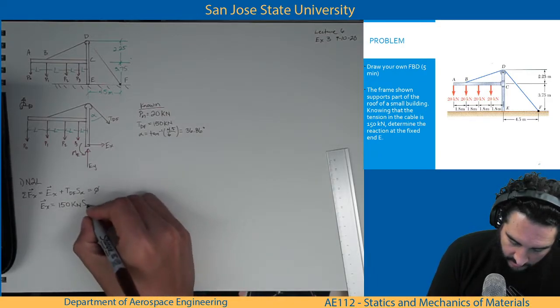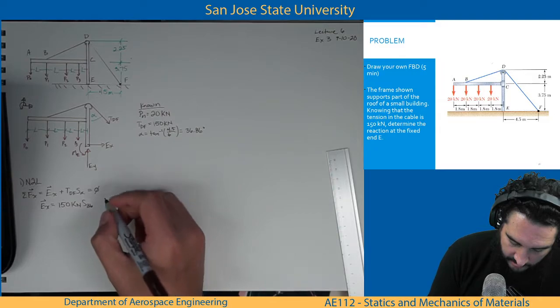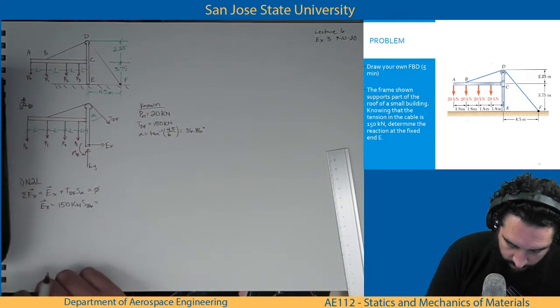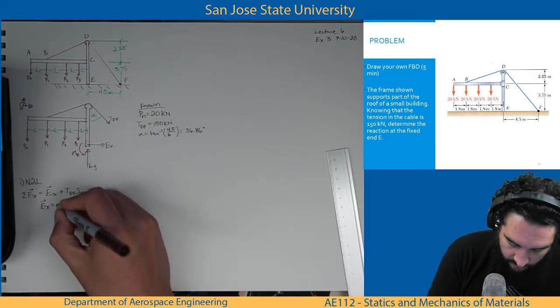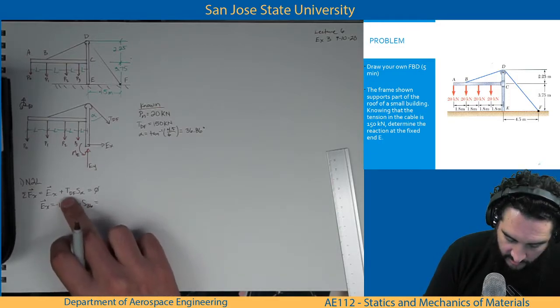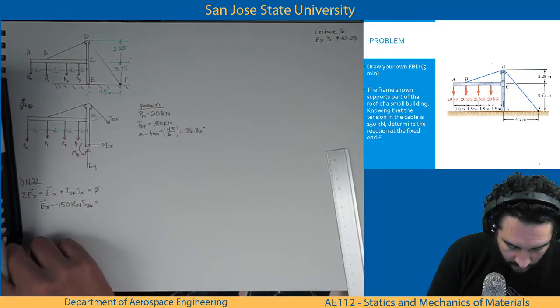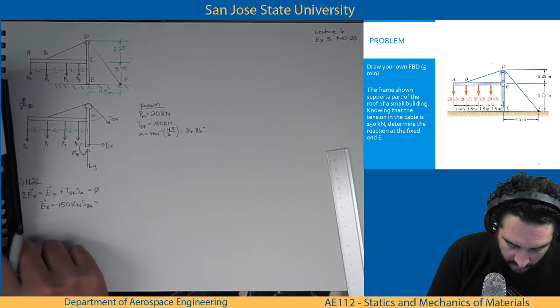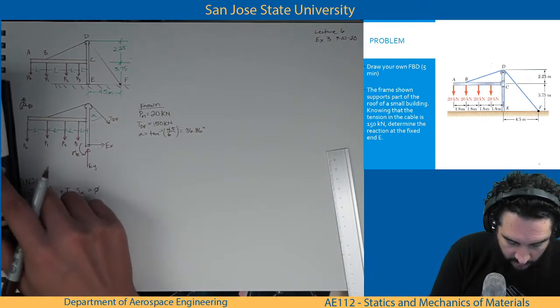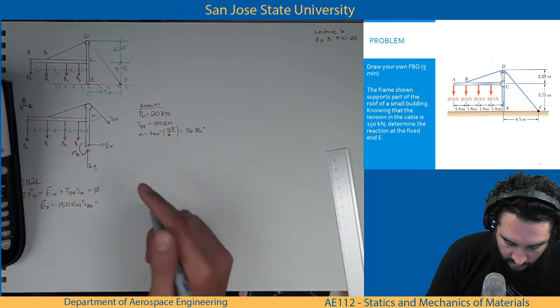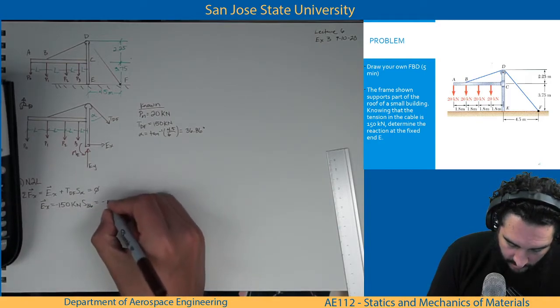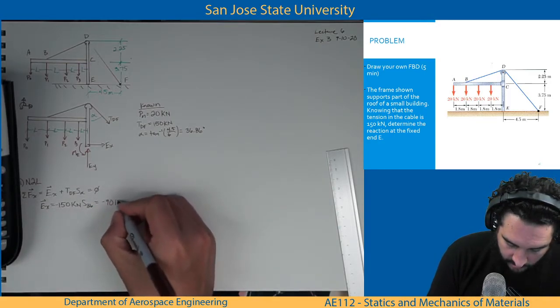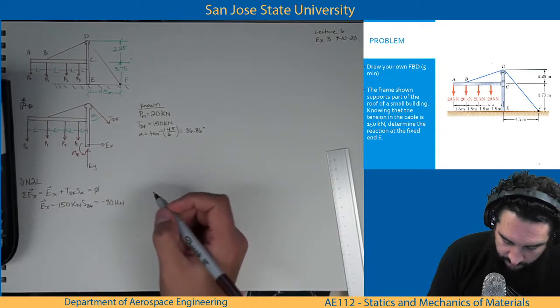Sine of 36.86, negative, because we move TDF to the other side. The sine of this angle gives negative 90 kilonewtons.